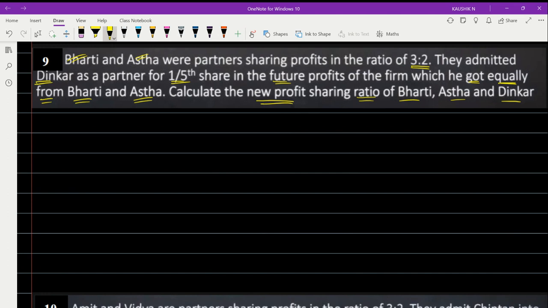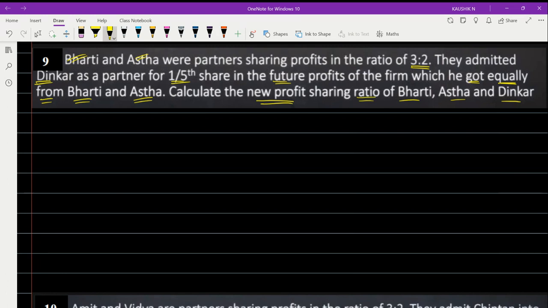Okay. Now tell me what type of problem is this? Whether it's a simple, acquired, or surrender, what type of problem? Simple? Okay, but what I said, in case of simple, the new partner's share of profit alone will be mentioned, but the proportion in which he is getting the share won't be mentioned.